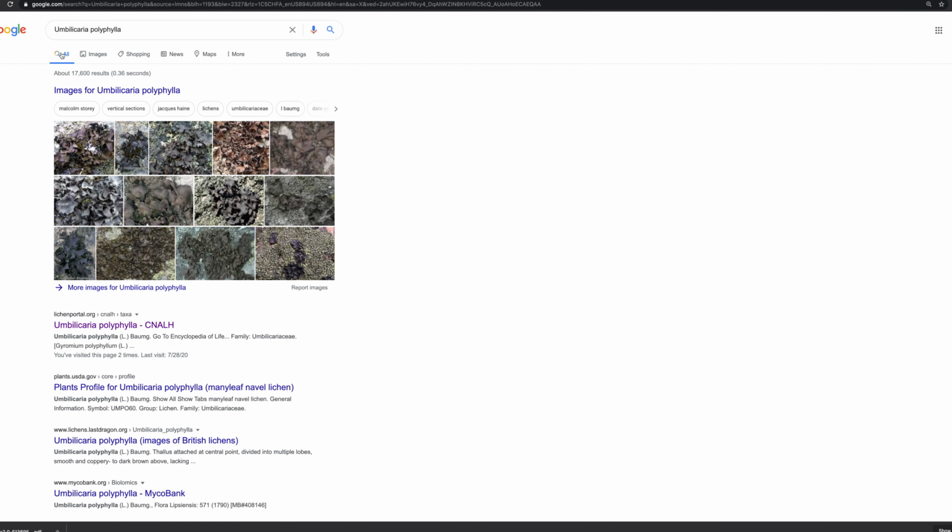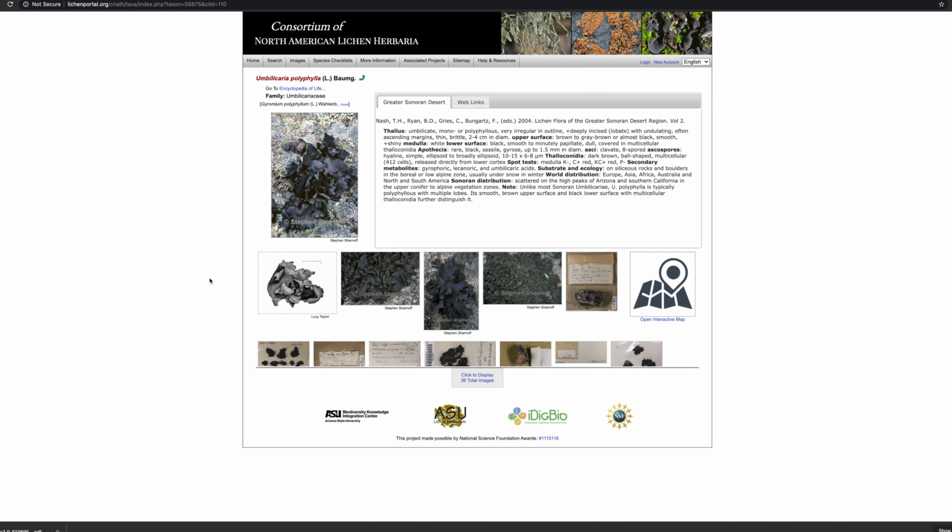But we need a reference that we can actually put on the Kobo to base our responses. So let's look at the first link that appears right here, and you'll see that this is a database for lichens. So we know that this species belongs to a lichen, and here we have a series of information about the lichen and the thallus, which is actually a specific structure that belongs to lichens.